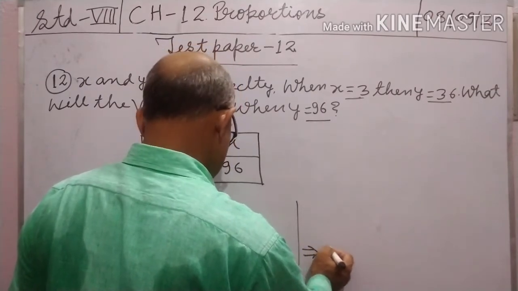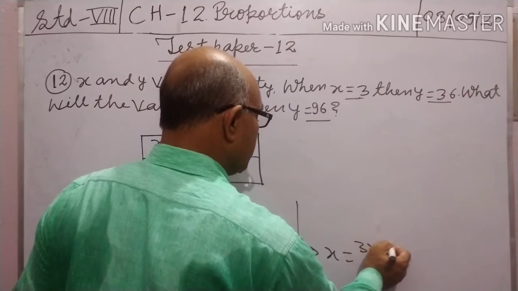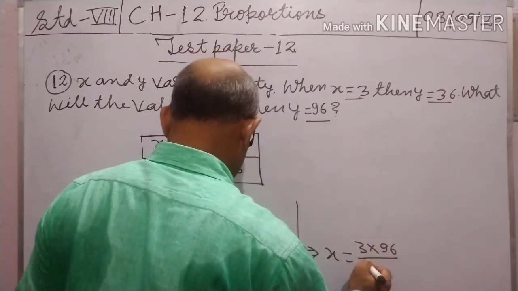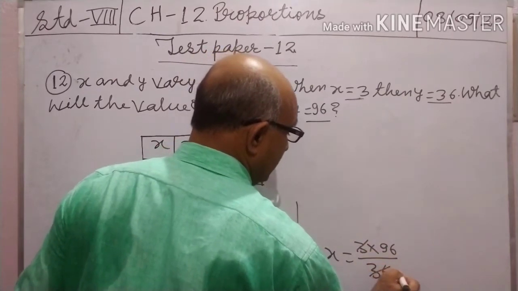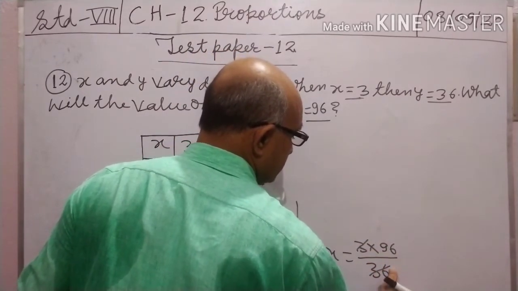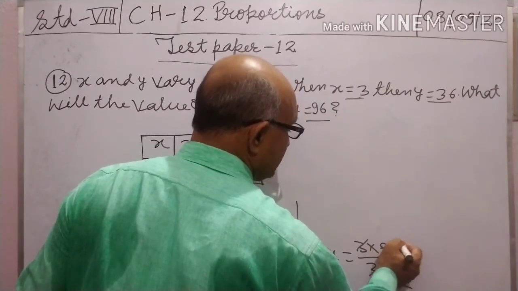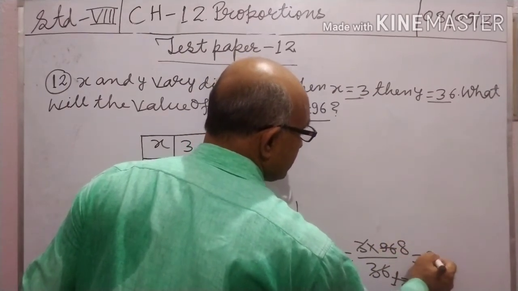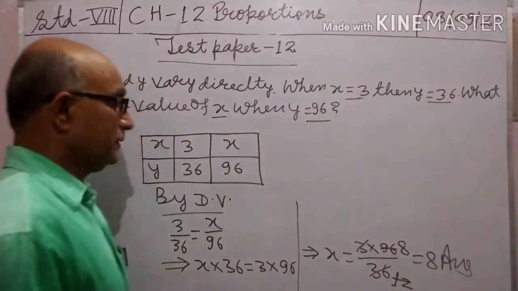That implies x equal to 3 into 96 by 36. 12 threes are 36, and 12 eights are 96. So 8 will be the answer of this question.